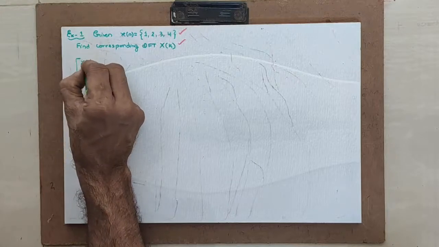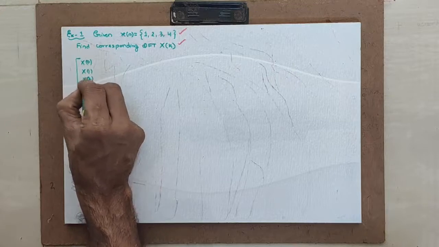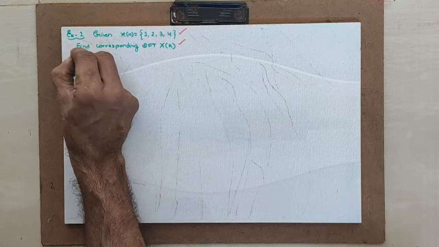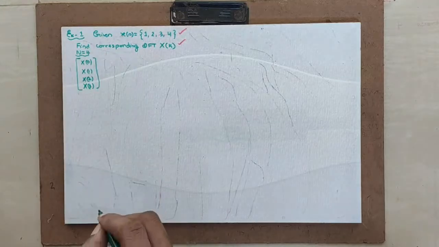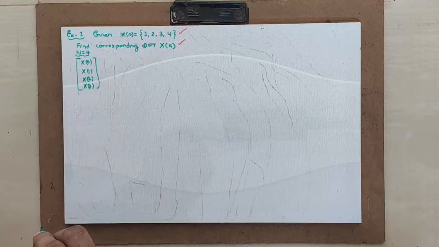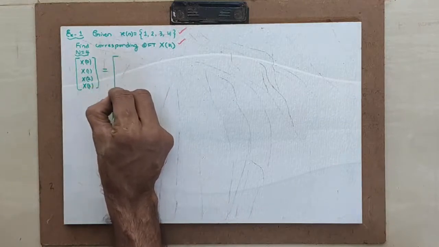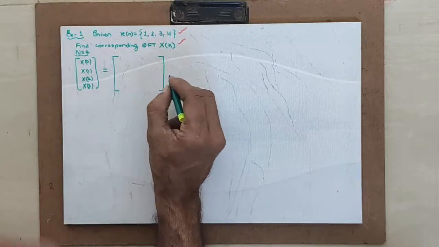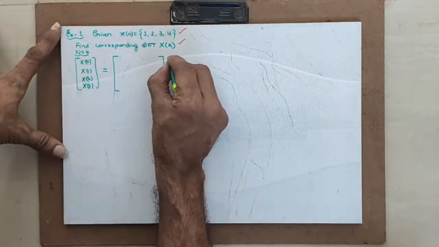This is the DFT X0, X1, X2, X3. Please take here n equal to 4. I am solving this for the signal with n equal to 4 now. It is equal to, I have to write the matrix, the twiddle factor matrix. I have already told you how to write the twiddle factor matrix.